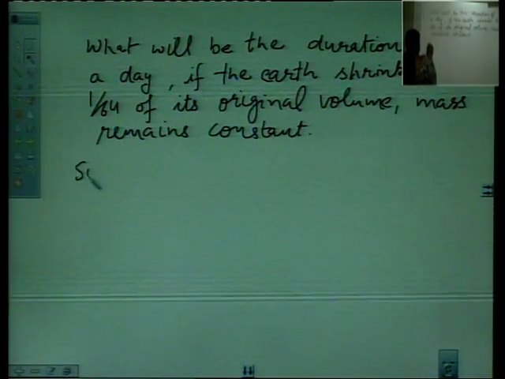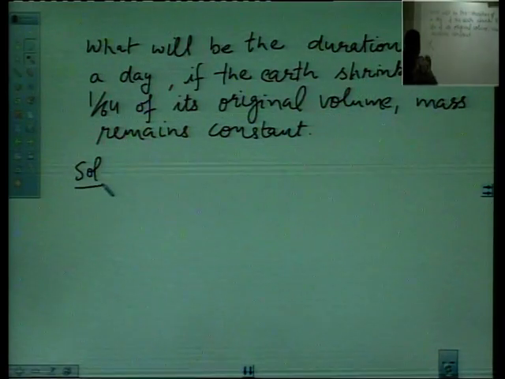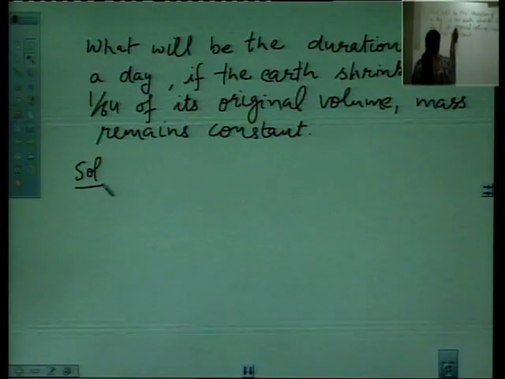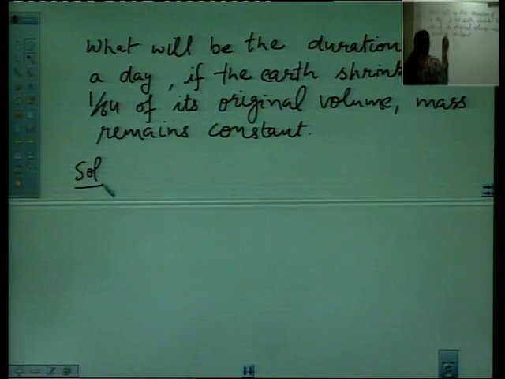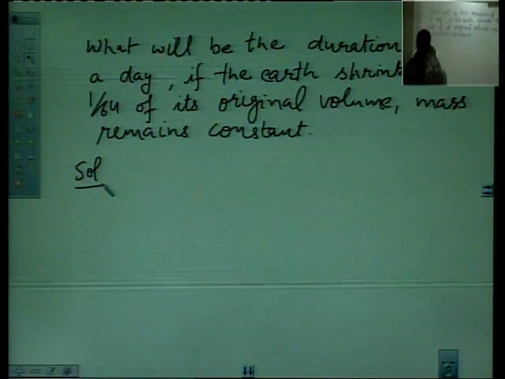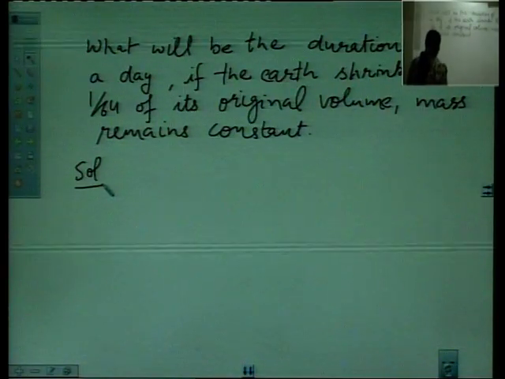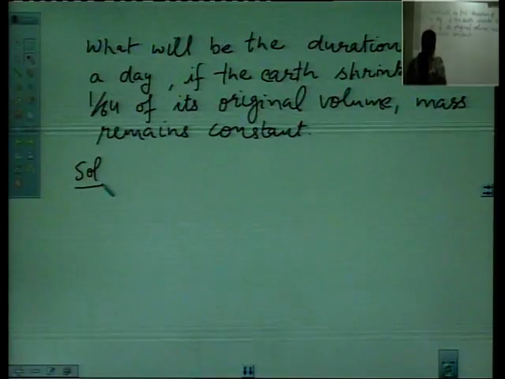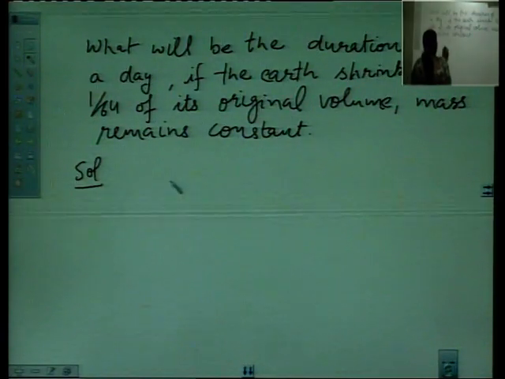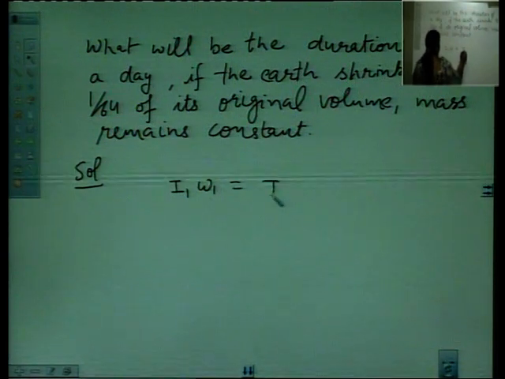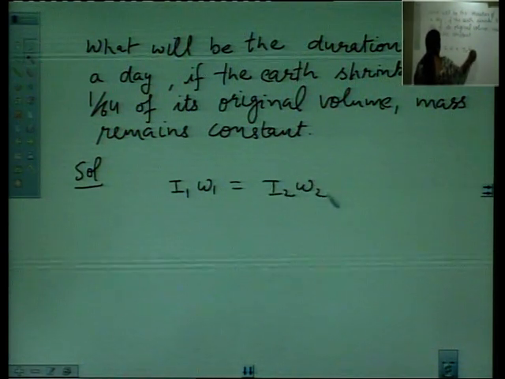So, we have earth and its volume is decreased to 1/64 of its original volume, we have to find the duration of the day. We know that I1 omega 1 is equal to I2 omega 2.